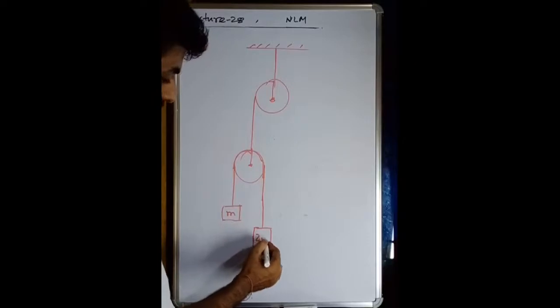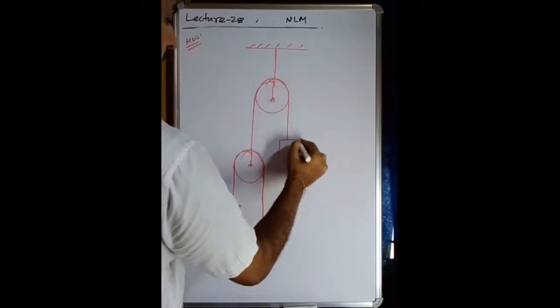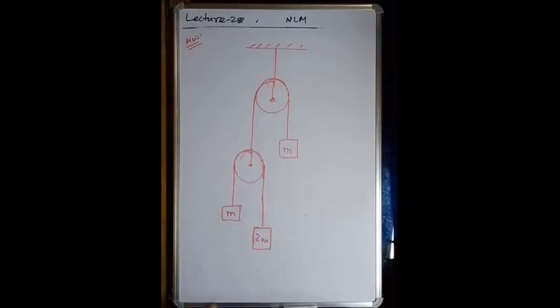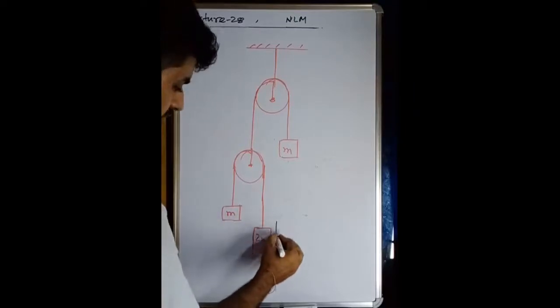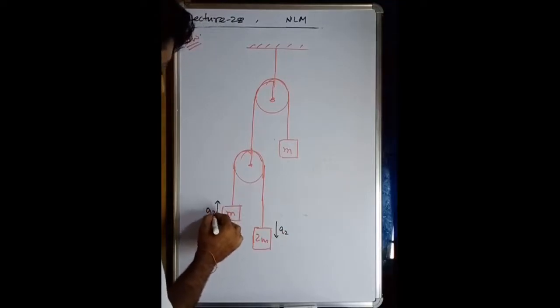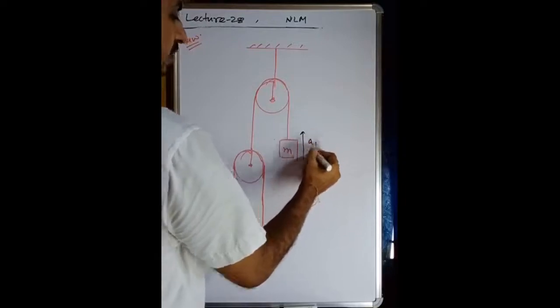M, 2M, and this is M. Okay, this system is moving with an acceleration A2. It is moving with A2, and this block is moving up with an acceleration A1.